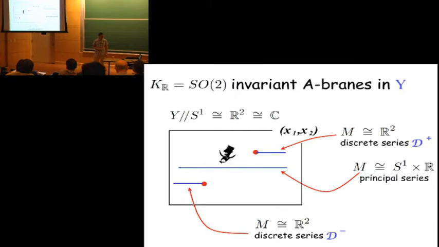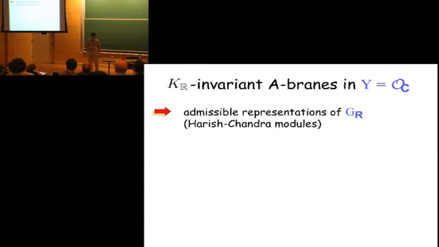So by looking at all such A-branes, you'll discover not only discrete series and principal series representations, which are easy to see in this picture, but you'll also find the complementary series. And this is the step where branes are a little bit more powerful than Lagrangian submanifolds, because they're quantum, you'll be able to find something which is a little bit more quantum like a complementary series representation.